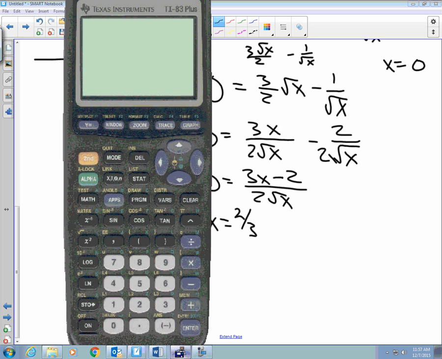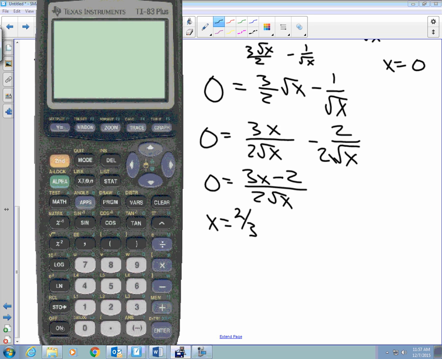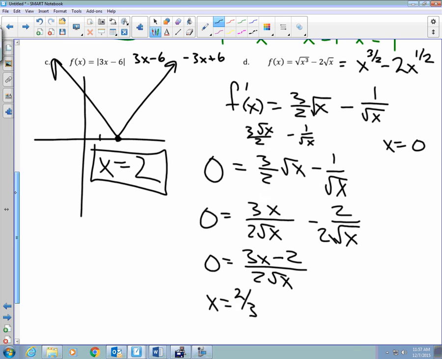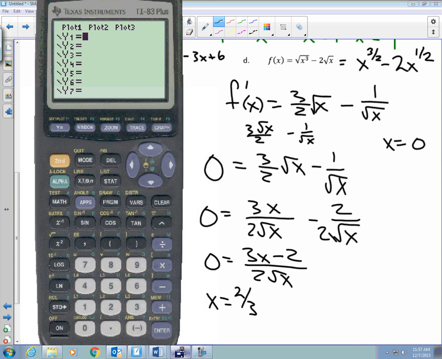Take out your graphing calculator. Square root of x to the third minus 2 roots of x.